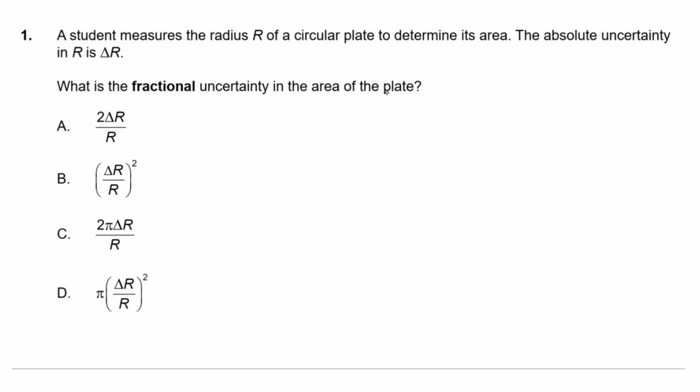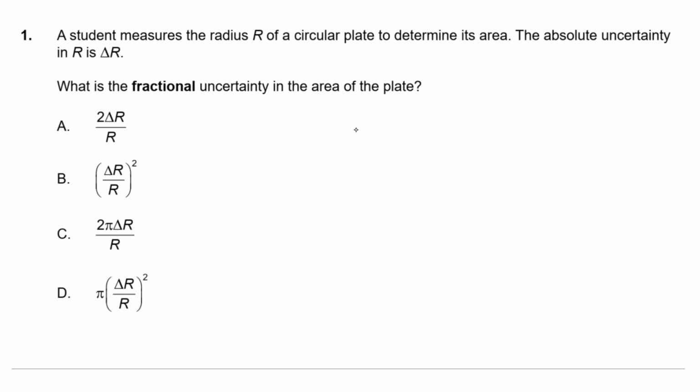So the question is the fractional uncertainty. So we definitely know that this is a question in the topic about uncertainty and measurement. This is the measurement of the area of a circular plate, and we measure that area by measuring the radius of the plate.